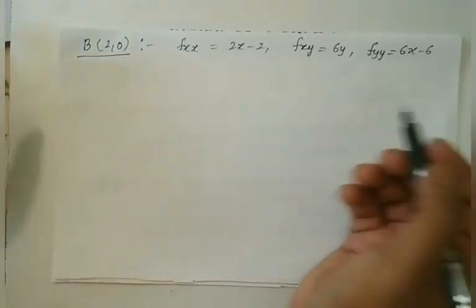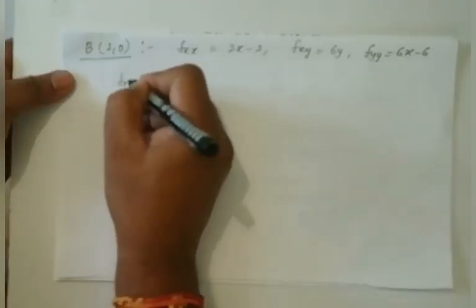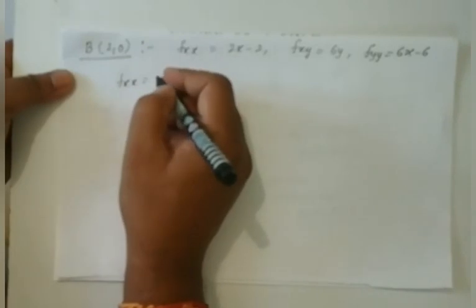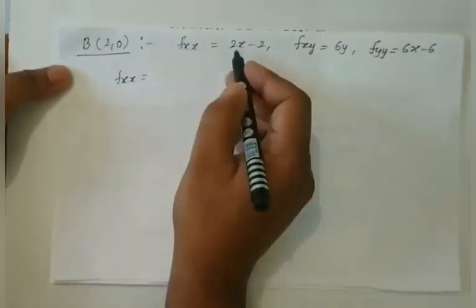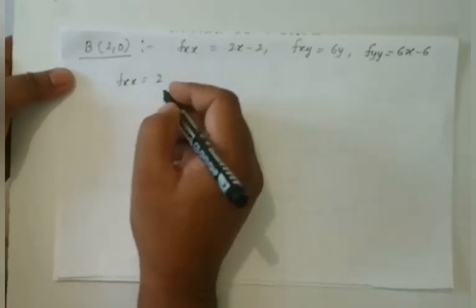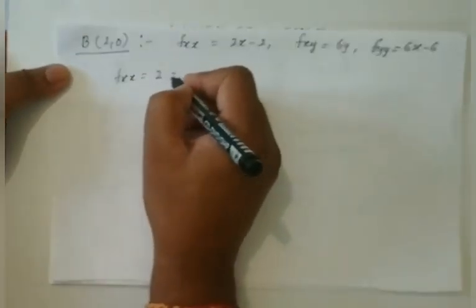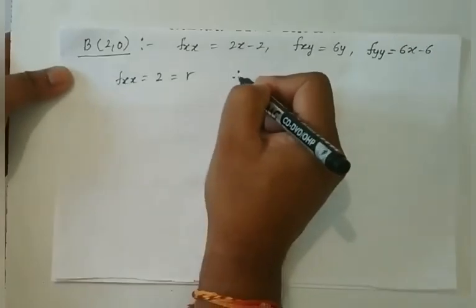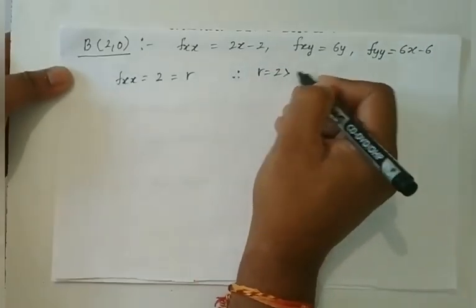Tell me fxx at the point B, 2 comma 0. 2x minus 2 is 2 into 2, 4 minus 2, which is 2. So this is r. Therefore, r is equal to 2, which is greater than 0.